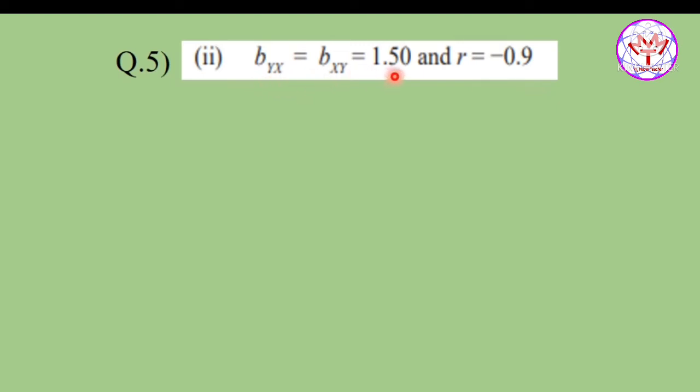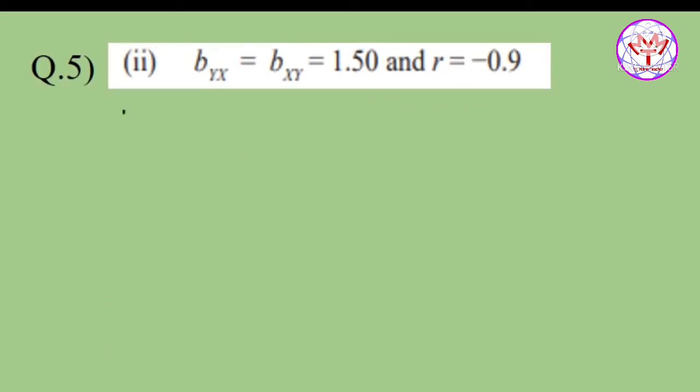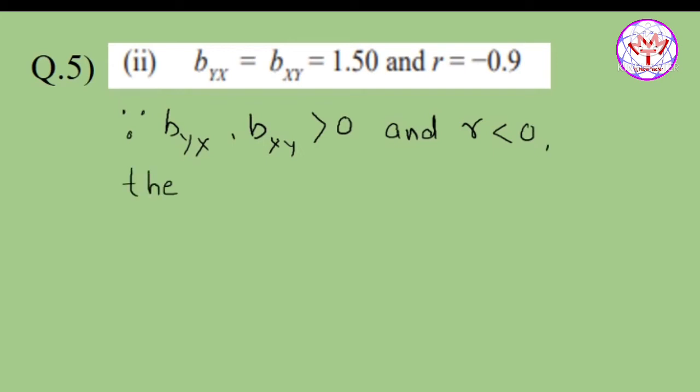Over here you can see that byx and bxy are greater than 0, that is they are positive, but r is negative. Hence the data will be inconsistent. So let's write. Since byx and bxy are greater than 0 and r is less than 0, the given data is inconsistent.